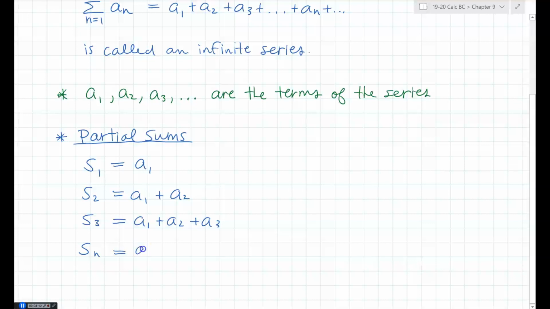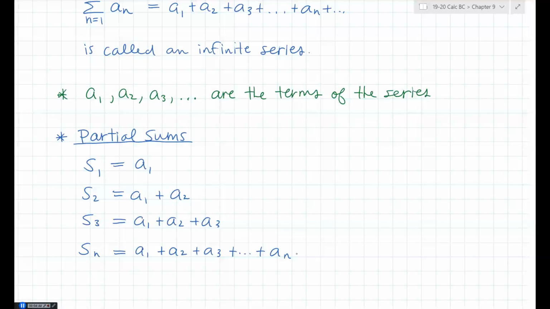So that means you're just going to add a sub 1 plus a sub 2 plus a sub 3 plus etc. all the way up to a sub n. They can ask you to add up to however many terms they want. Just know that the sub number, sub 1, sub 2, sub 3, sub n, means how many terms you're going to be adding together. We'll get to some of that stuff in a bit.